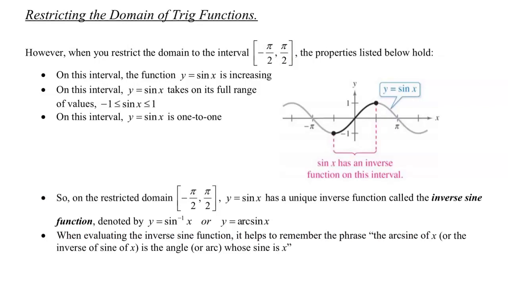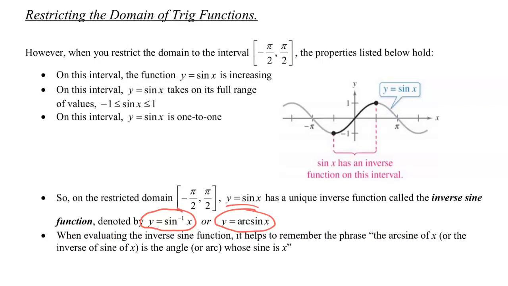And so because that's true, on that restricted domain, sine of x has the unique inverse function called the inverse sine function, and there are two different ways to denote the function: sine inverse of x or arc sine of x, as I mentioned earlier. And then one helpful tip is that when you evaluate the inverse sine function, it helps to remember the phrase that the arc sine of x is the angle whose sine is equal to x.